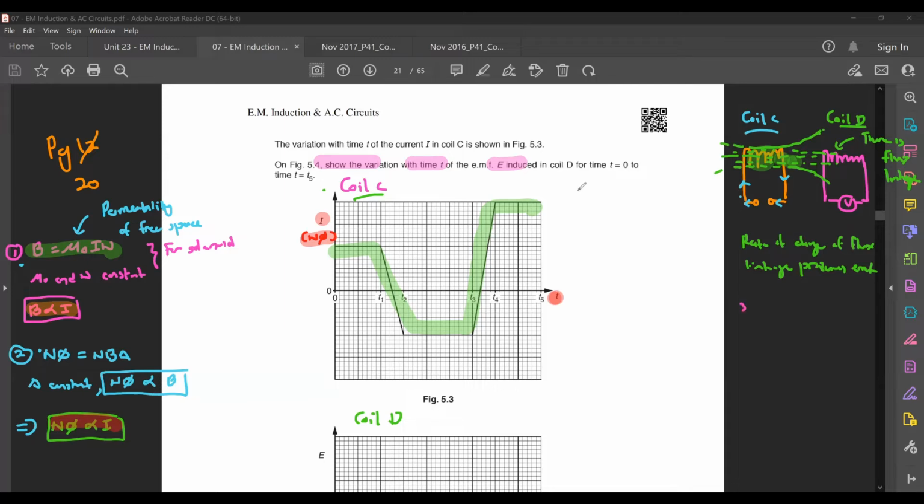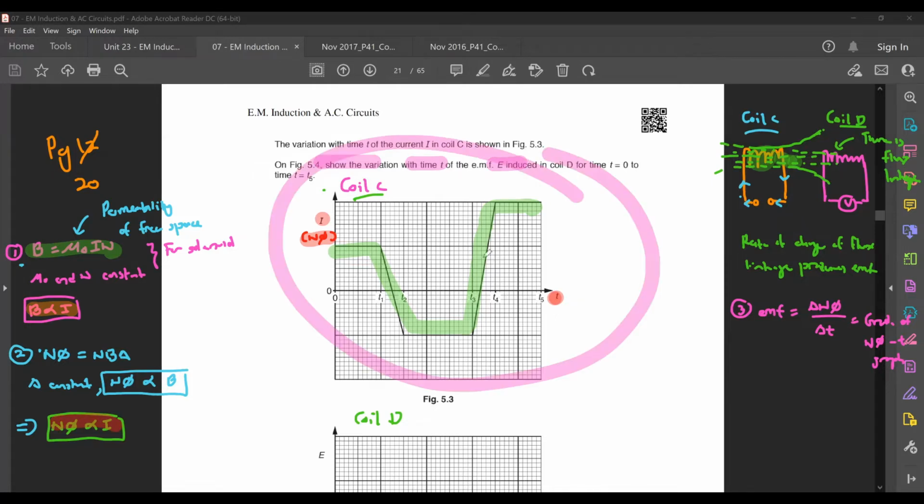Now, the third thing we also know is that EMF is actually the rate of change of flux linkage, which in a way is the gradient of our flux linkage versus time graph. So over here, we already have the graph of flux linkage versus time.